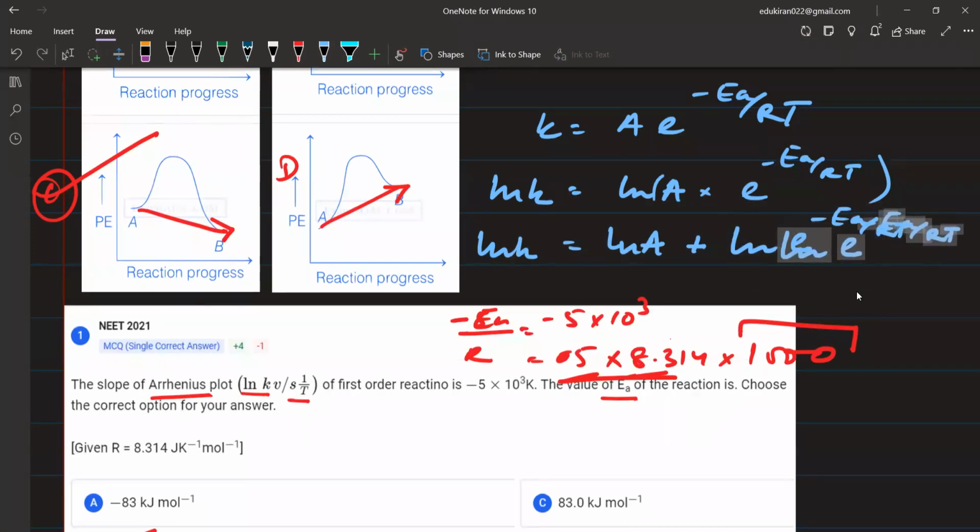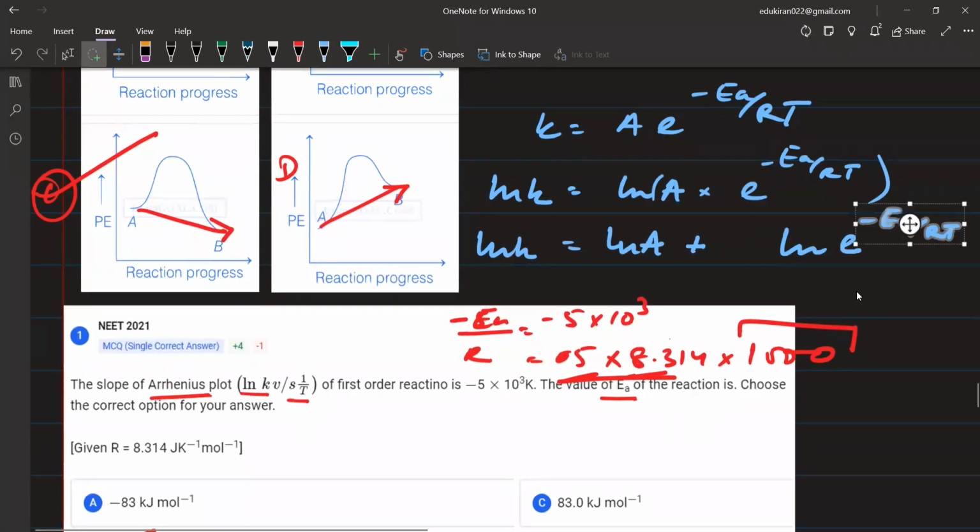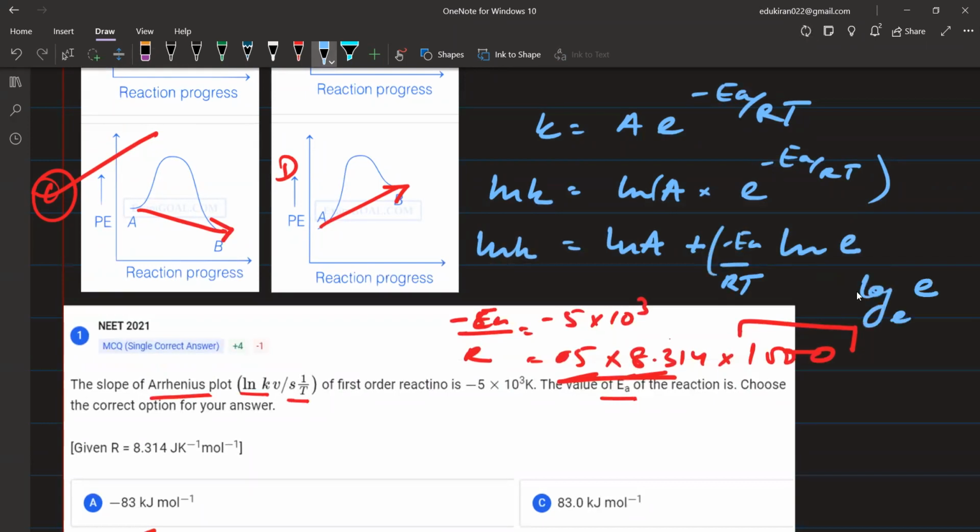Now this power will come down. Minus EA upon RT will come down. Now natural log of e is log with base e of e, so this will become equal to 1. So ln e is equal to 1 and your equation will become ln K equals ln A minus EA upon RT.